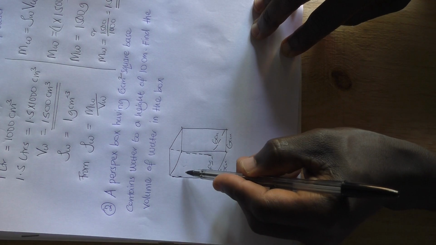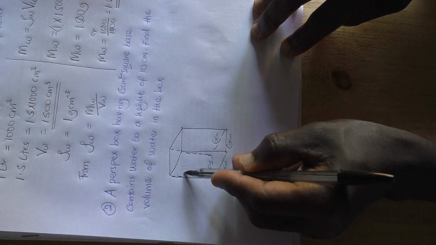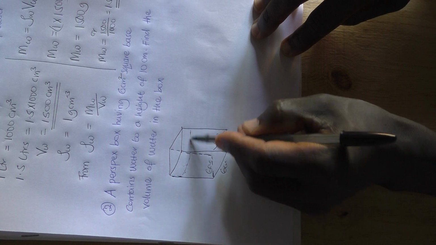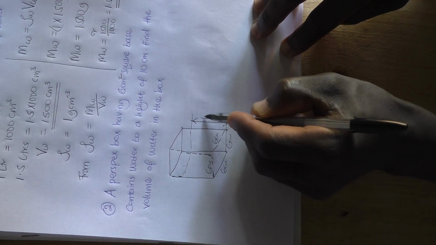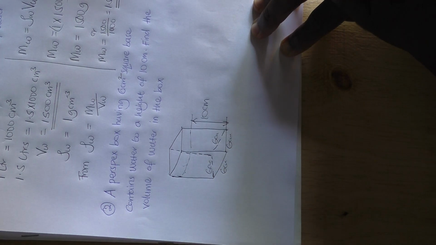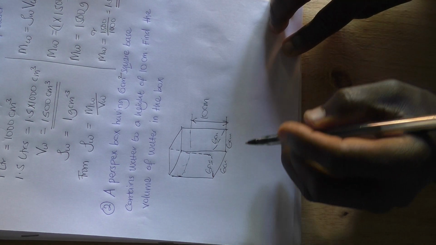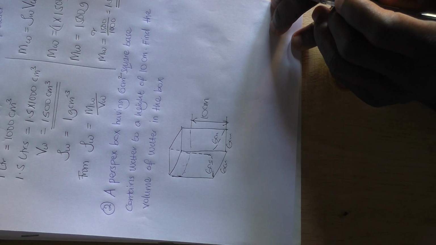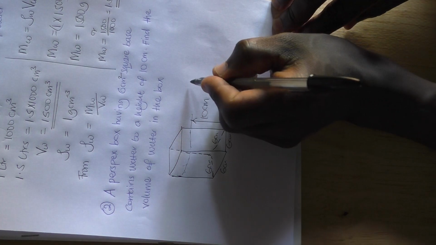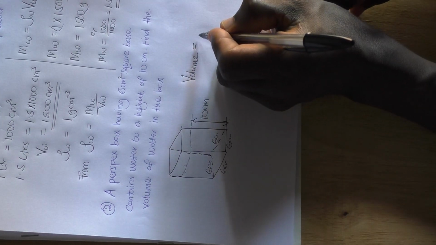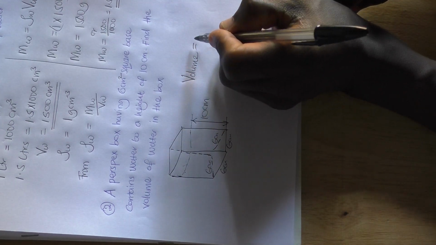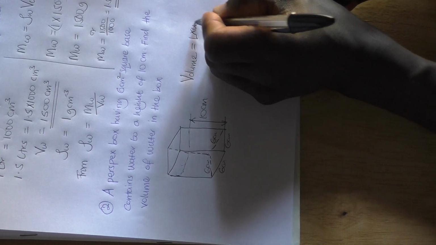Therefore, for us to be able to get the volume of the water in the box, we are told that the water is at a height of 10 centimeters. So, finding the volume will require us to get volume using the base area times height.